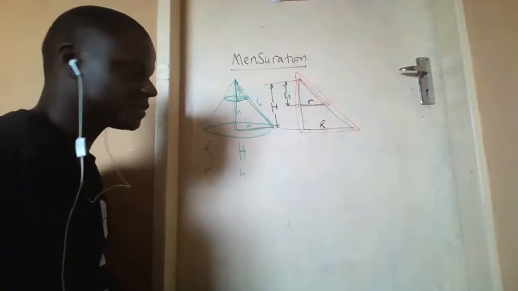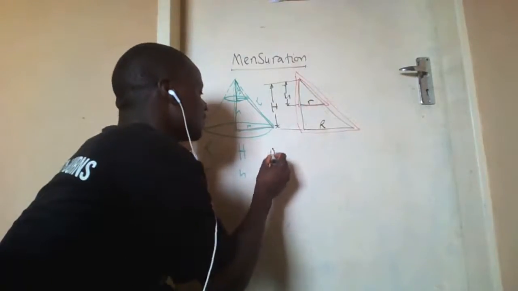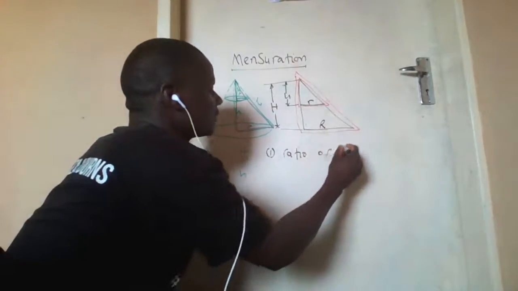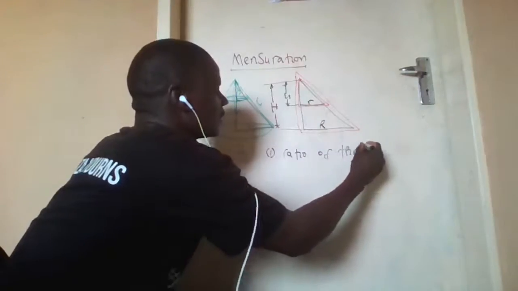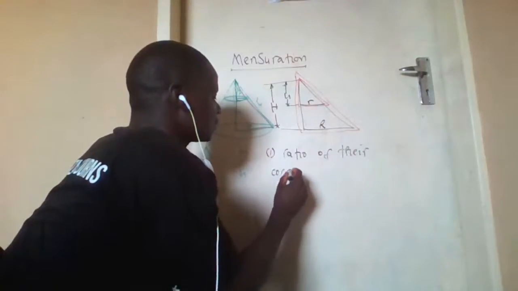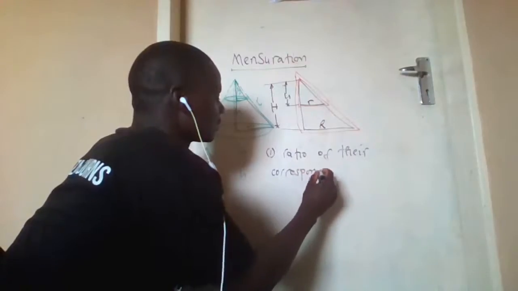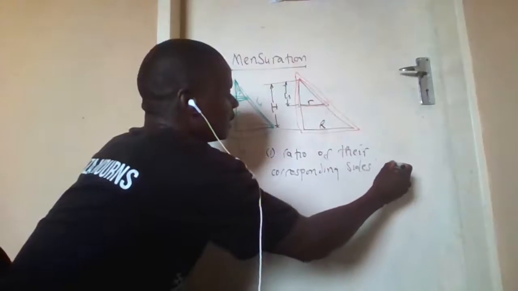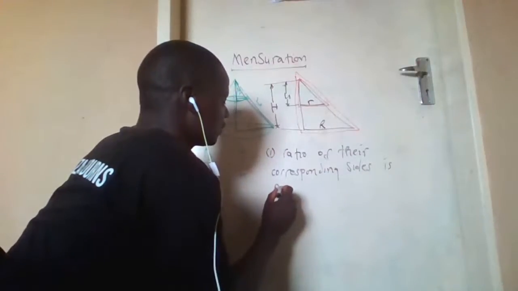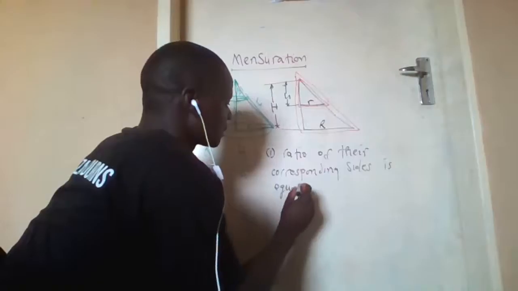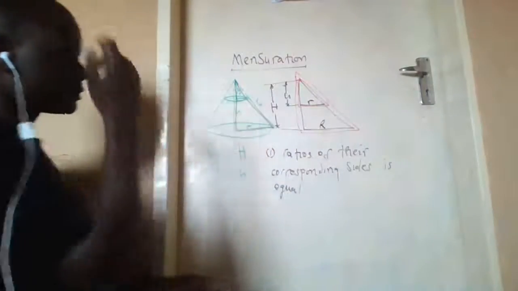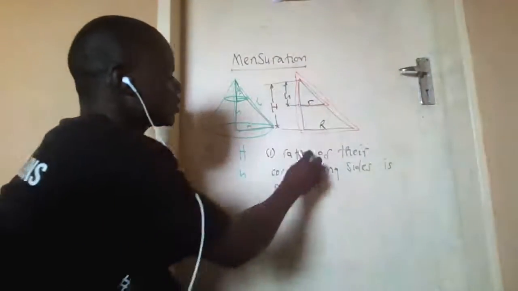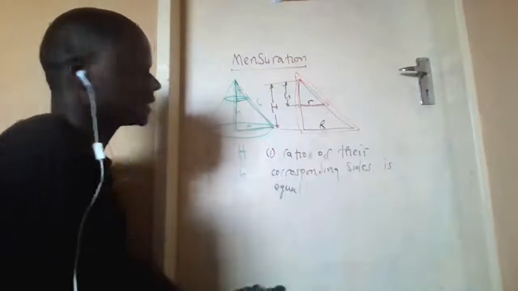If two or more shapes are similar, one, we say that the ratio of their corresponding sides is the same, or is equal.